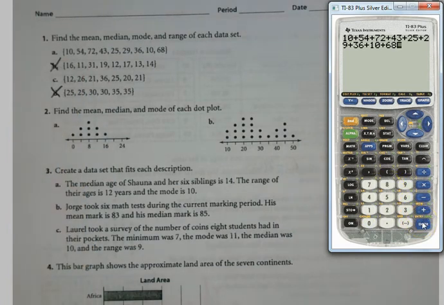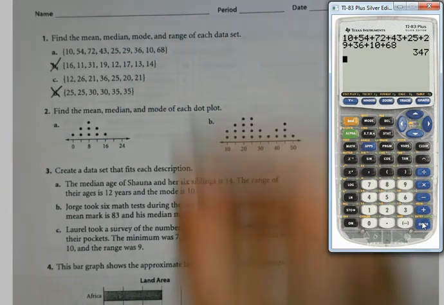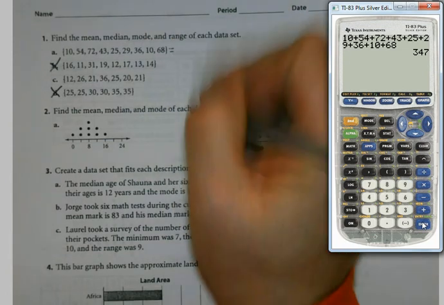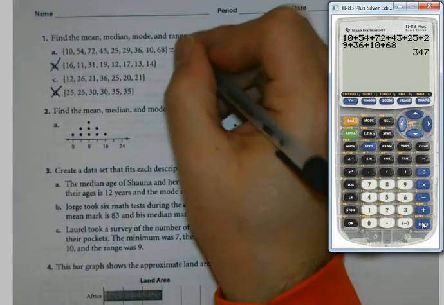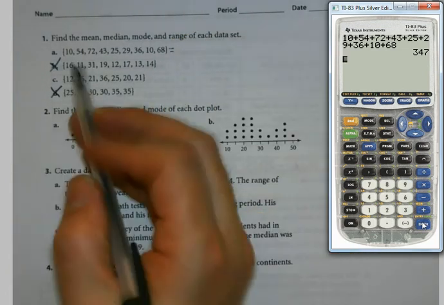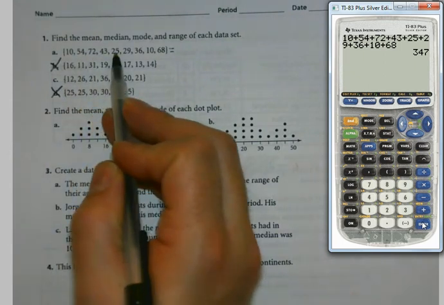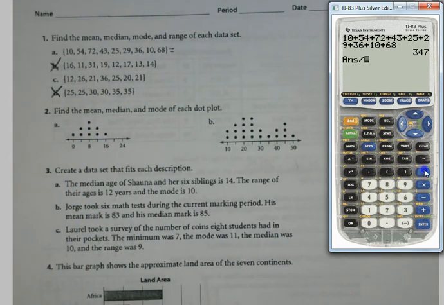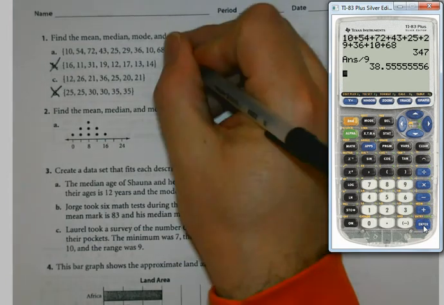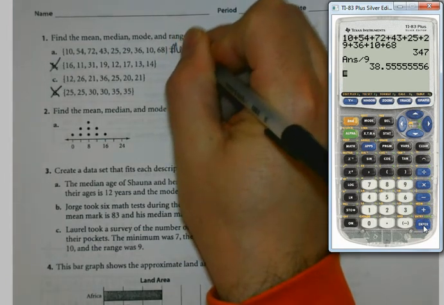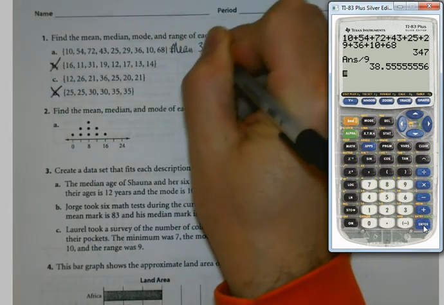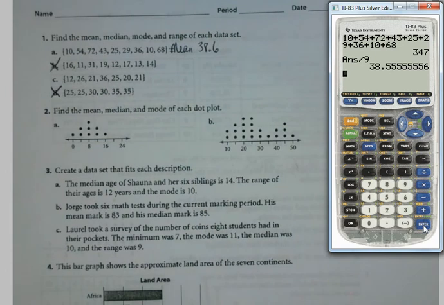Think of what data people do at these corporations when they're trying to do this with millions of people and millions of numbers. Holy cow. So here, my sum would be 347. Now, how many numbers were there? 1, 2, 3, 4, 5, 6, 7, 8, 9 of them. Okay. So 347 divided by 9. So my mean would be like 38.6 if we wanted to round. If you want to put 0.55, 0.56, that's okay.